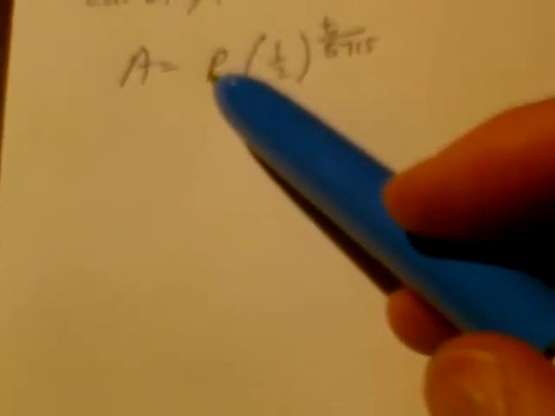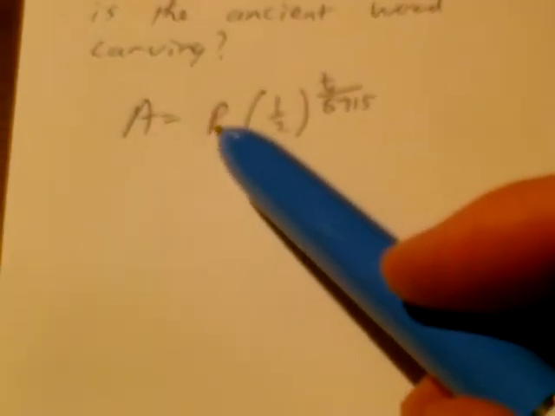And so we know that we have 20% as much carbon-14 as we started with. Well, if we're going to use some easy numbers to work with, we could have 0.2 for the amount at the end and 1 for the amount at the beginning.